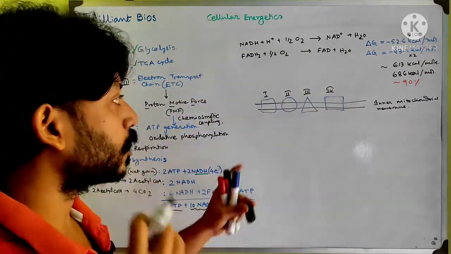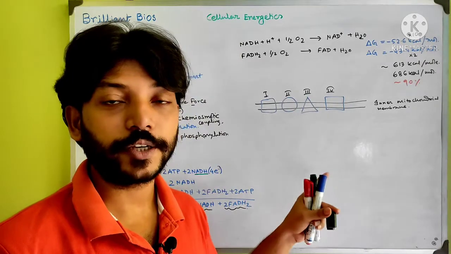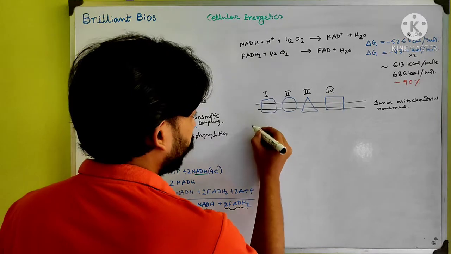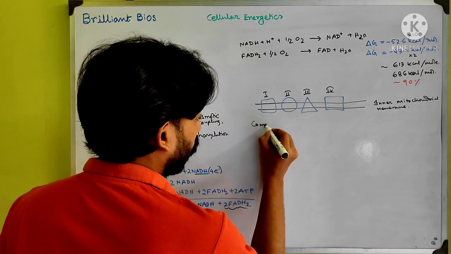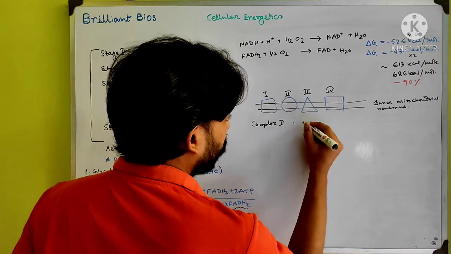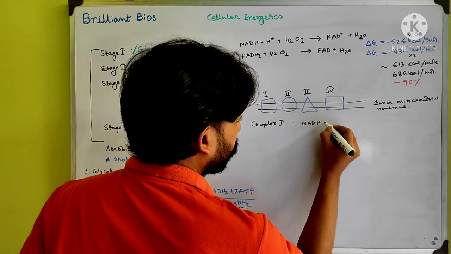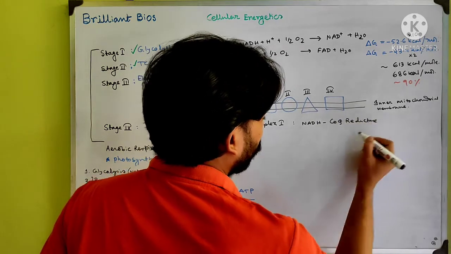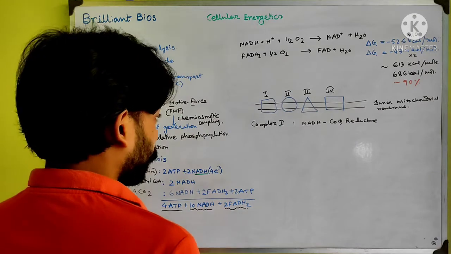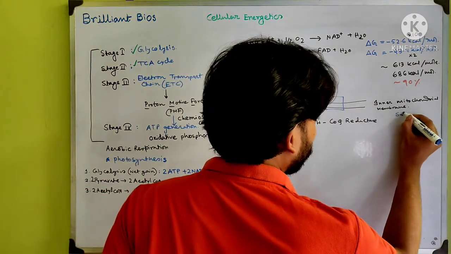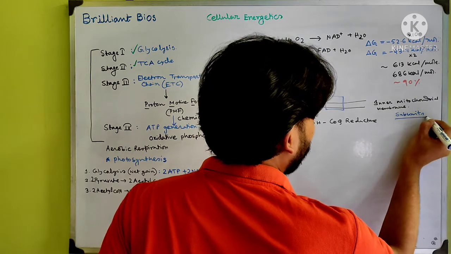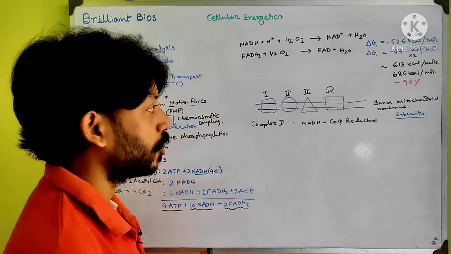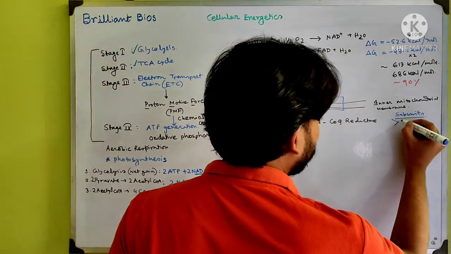I will not go into the details of the structure and components of each and every complex. In my subsequent classes I will discuss this in more detail. Now the basic idea is that complex 1 is called NADH CoQ reductase. These complexes are multi-subunit molecules, very large in size, containing approximately more than 40 subunits.